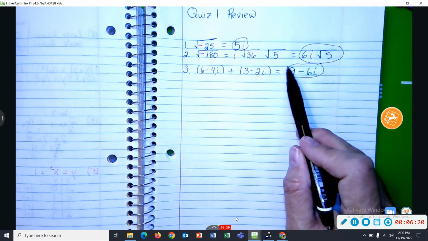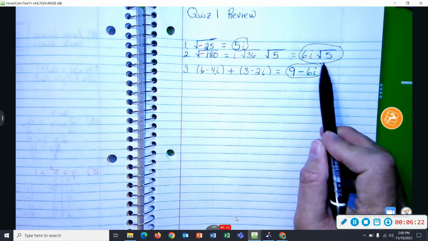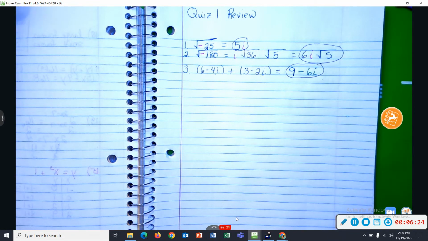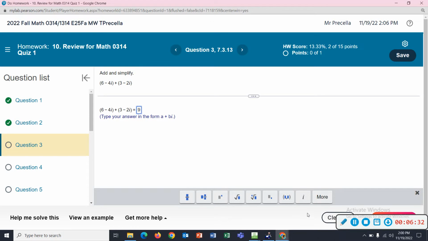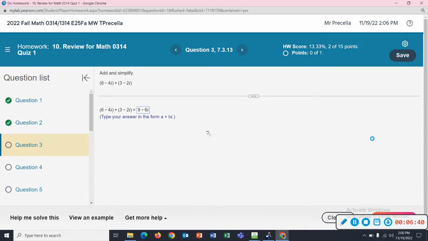Be careful, don't subtract the 9 and 6. Don't get a 3. You can't combine the 9 and the 6 because they're not like terms. 9 minus 6i. Check it.